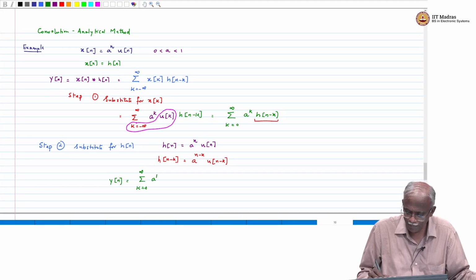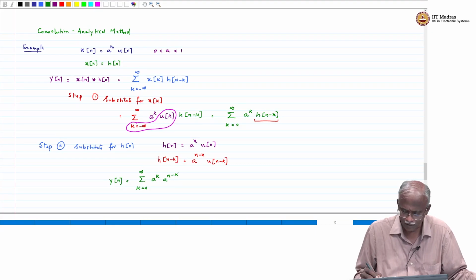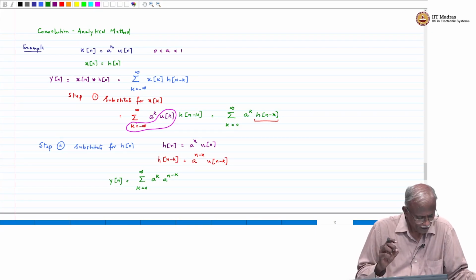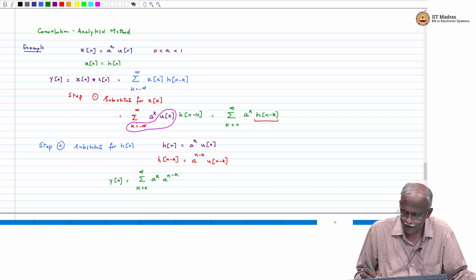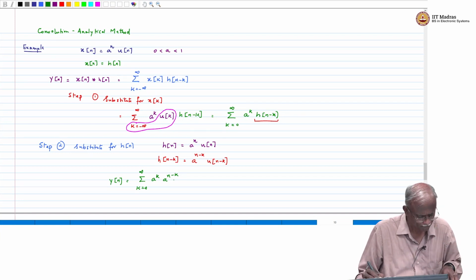I get a power k, a power n minus k. Okay, you can see how a power k and a power minus k will get changed. But let us see how we can simplify this expression further.